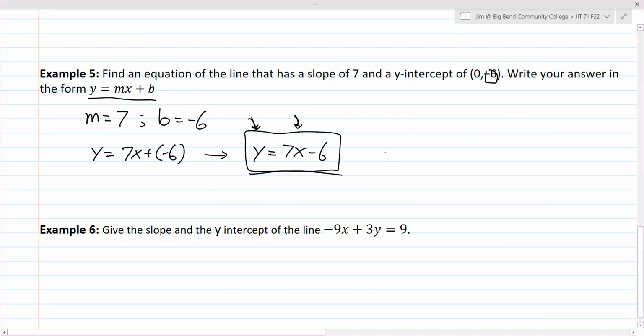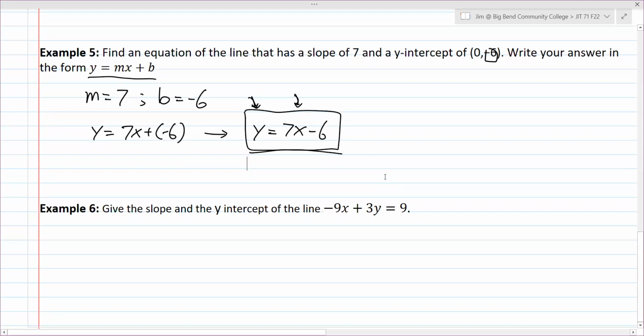Next, example number 6. Give the slope and the y-intercept of the line, and we have the linear equation given. All right, now we're doing the opposite. We're using that equation to find the slope and y-intercept. And then you have to follow one rule.